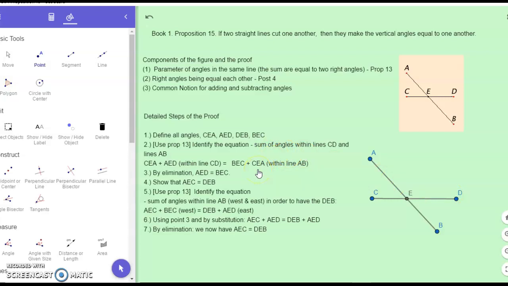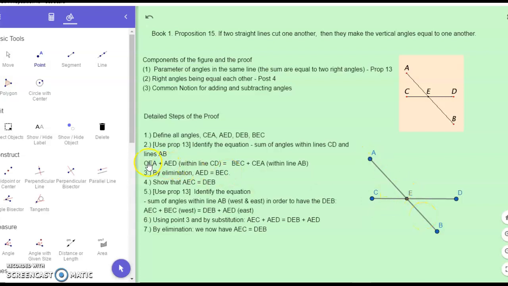Then within line AB, the same procedure applies with Proposition 13. We'll consider the western hemisphere of AB, these two angles here. These are two adjacent angles standing on the same line, so the sum of these two angles is equal to two right angles. So we add BEC and CEA.